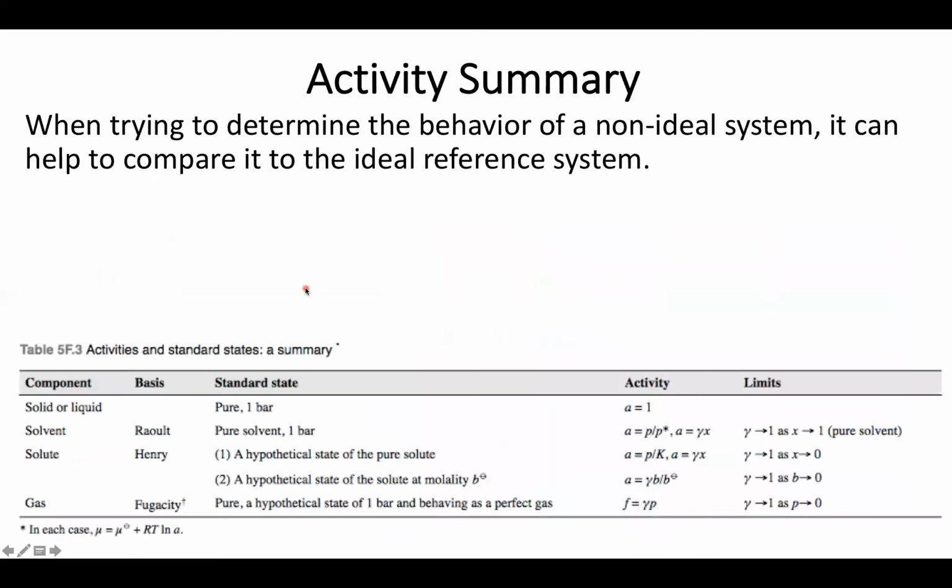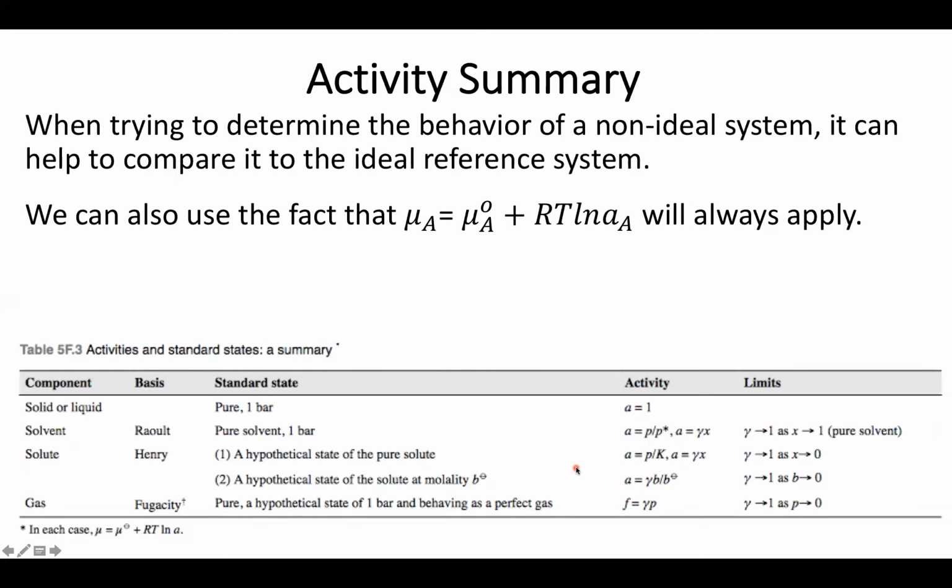So I just gave you a whole bunch of information. So let's try and determine what things look like as I go away from ideality. One of the big things is that we're going to have several slightly different forms of activity to deal with, and it's all about the reference conditions.